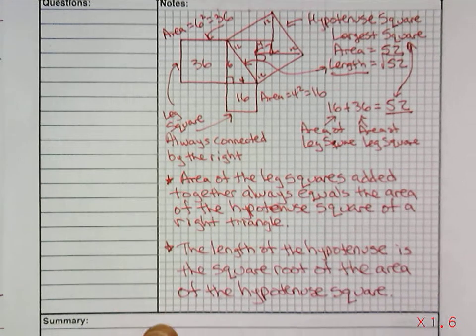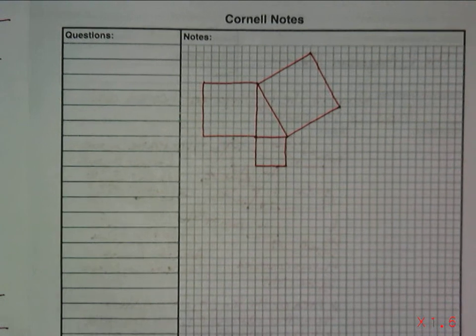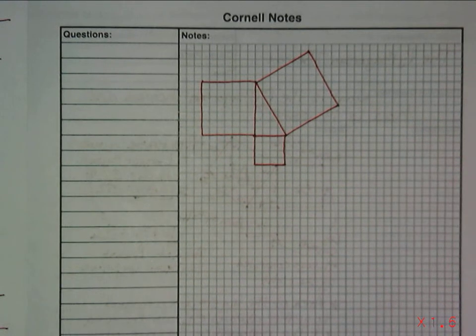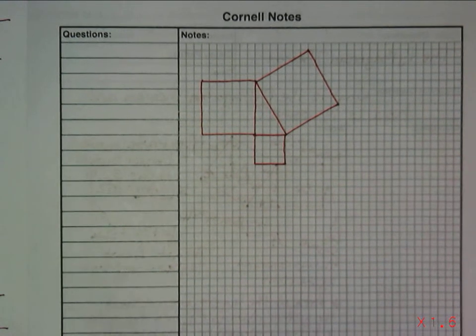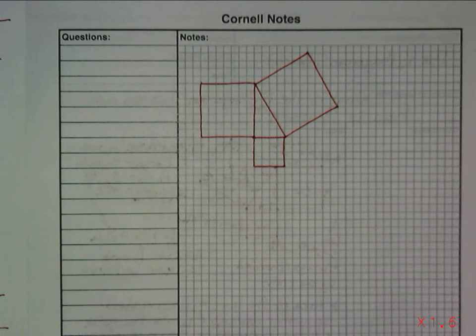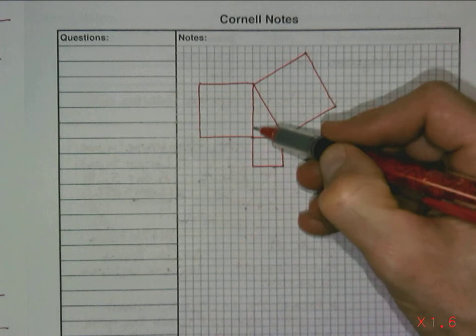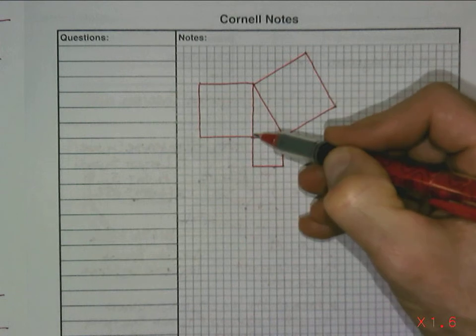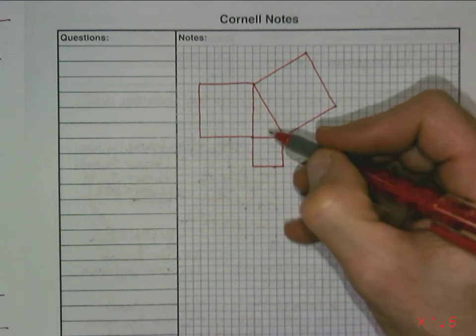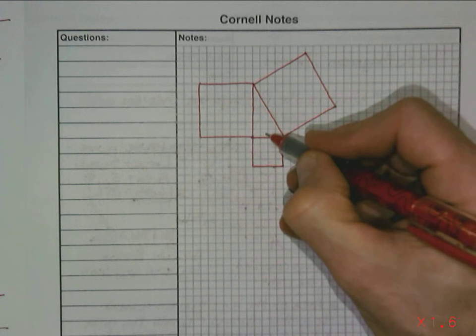So what we're going to do now is just kind of generalize this idea as a theorem, and we can again look at a right triangle, and this one I'm not going to focus so much on the actual lengths as I am on the concept. So I'm going to label these different lengths.